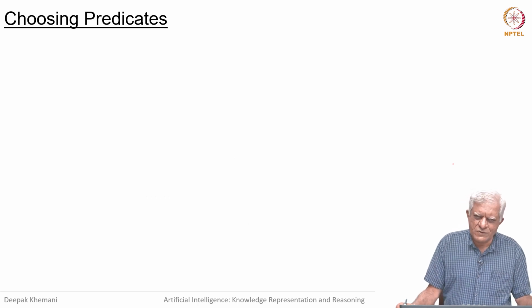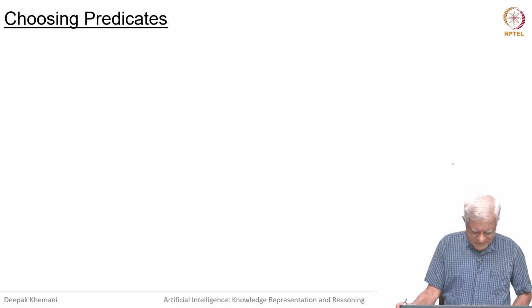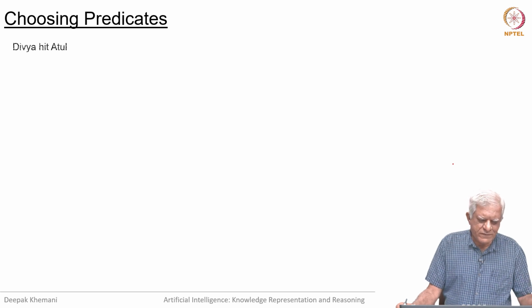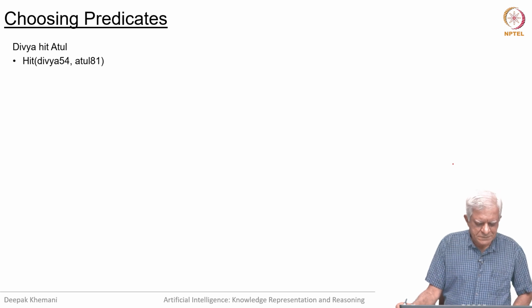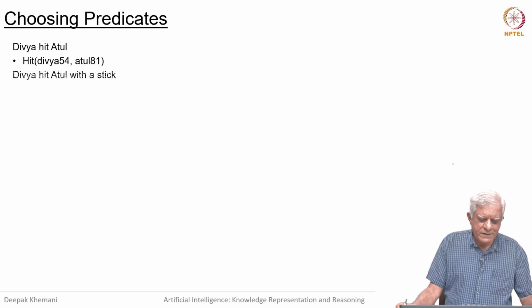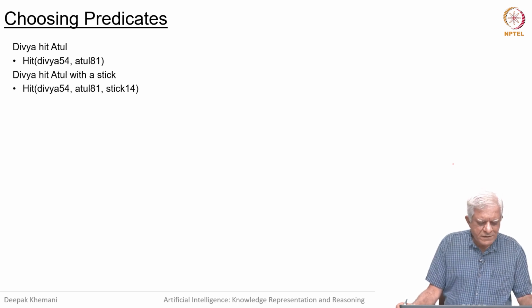So, the question is about choosing appropriate predicates essentially. If I say Divya hit Atul, I can simply write it as hit Divya Atul essentially. If I say Divya hit Atul with a stick, then maybe I can say hit Divya 54, Atul 81, stick 14. So, I have given 3 parameters instead of 2.